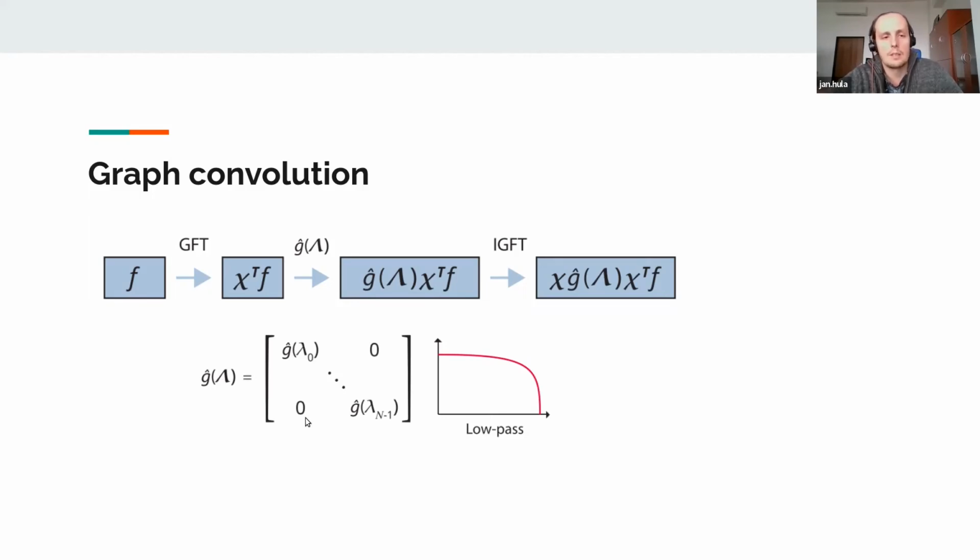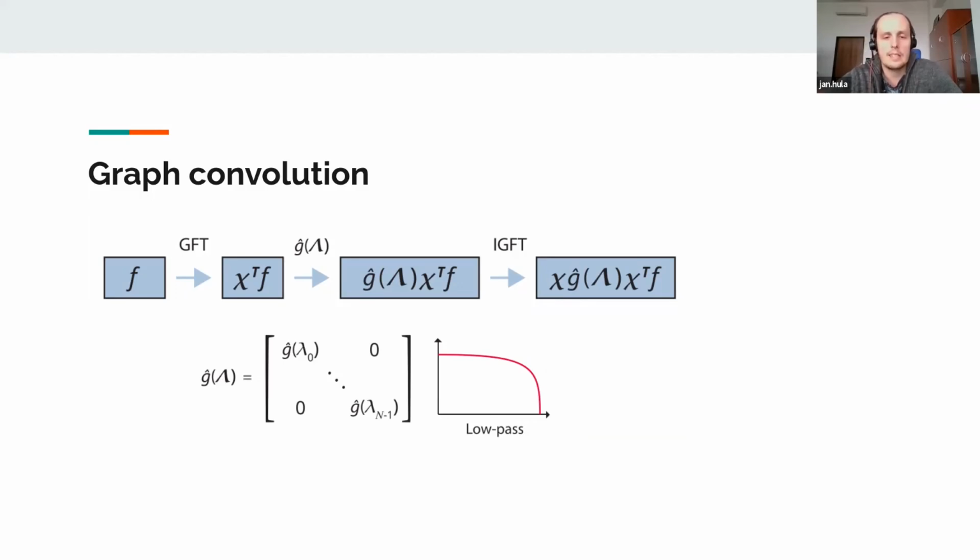So graph convolution is done by projecting the signal onto the Fourier domain, multiplying the resulting vector by some scalars, and then projecting it back to the graph domain. In this way, you can do some kind of filtering of the signal on the graph.